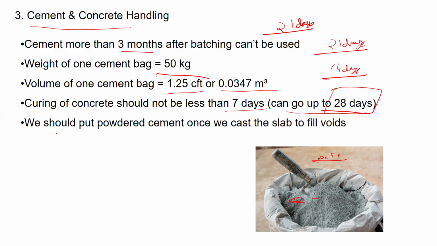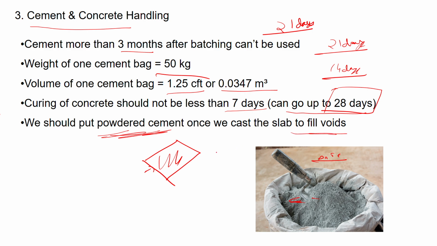We should powder. What happens is, when a slab area is concreted on that day, after the concreting is done, we fill that with powdered cement so that we can fill the voids.